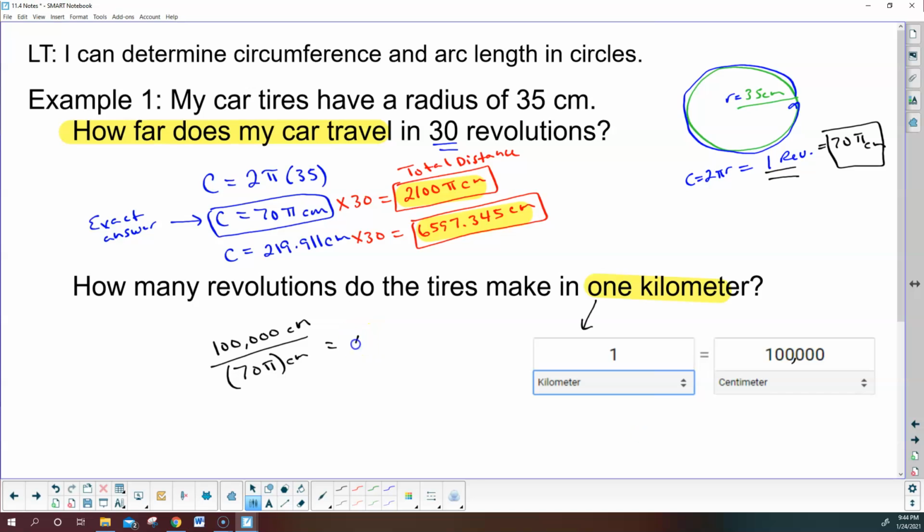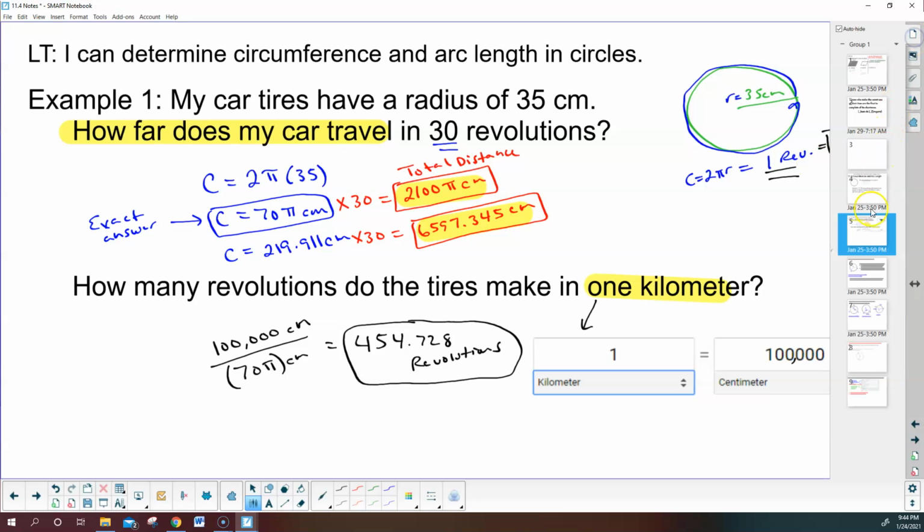And how many revolutions? We're going to get 454.728 revolutions. That's how many times it would go around if we traveled 1 kilometer.